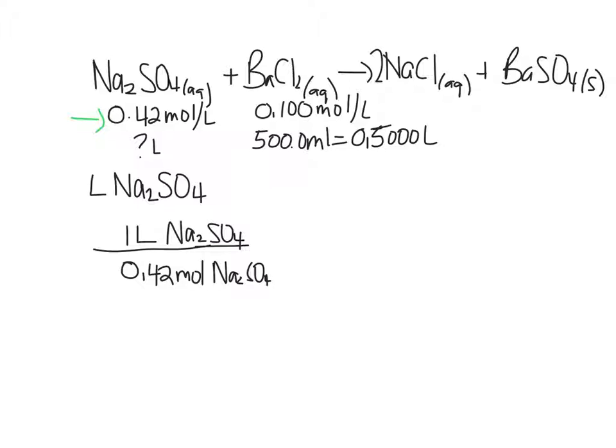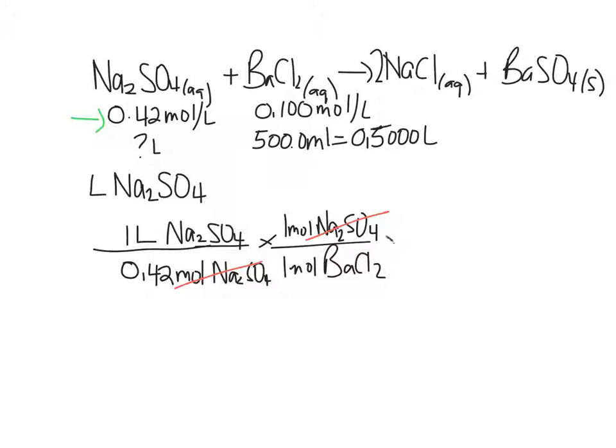So we just inverted the concentration. We've got to get rid of moles of sodium sulfate. There's no number up there that represents it. It's the mole ratio that you have to use instead. There's 1 mole of sodium sulfate for every 1 mole barium chloride. So moles of sodium sulfate are gone.